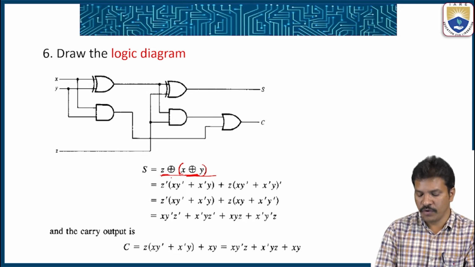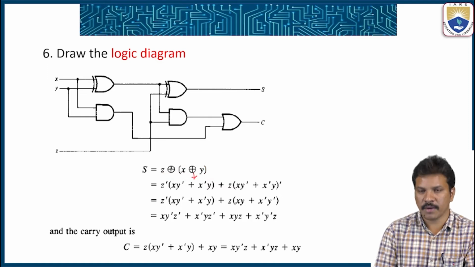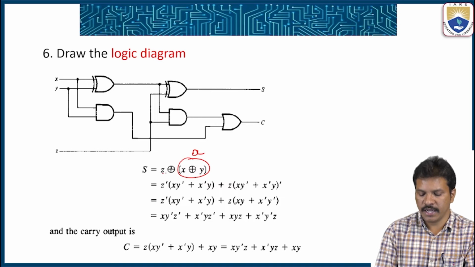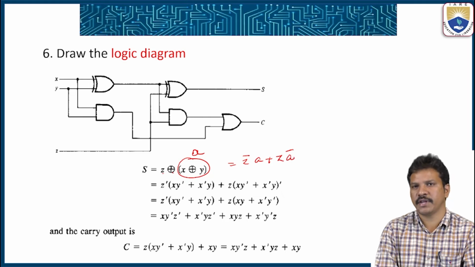Because if you expand this one, first expand this XOR operation. For example, this one is some letter A. Z XOR A means Z bar A plus Z A bar. That is the expression for the XOR gate.